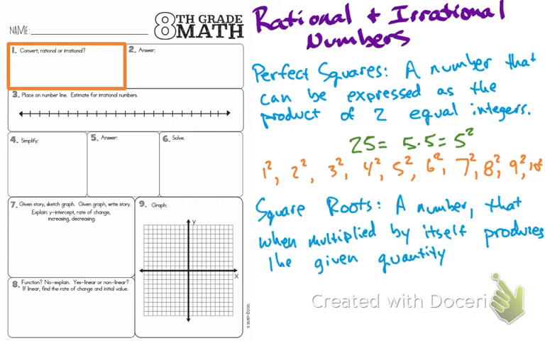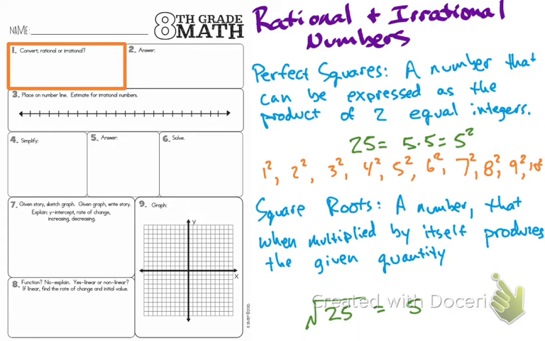Next, let's talk about square roots, which we've heard a couple times in our video today. A square root is the number that when multiplied by itself produces that given quantity. We've been working with 25, so we'll find the square root of 25, and the square root of 25 is 5, because 5 times itself produces that given quantity of 25.